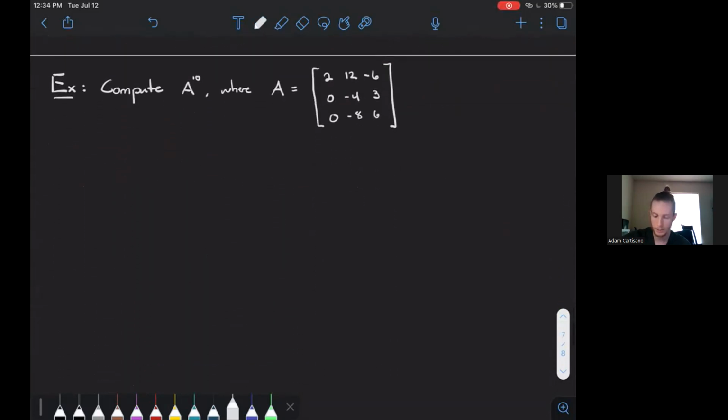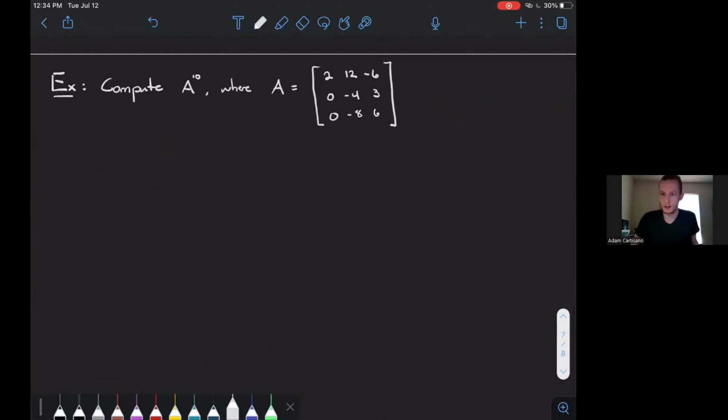Great. Okay, so we have one last problem that we'll work through. This is a really gratifying example. We're just going to compute A to the 10th of some matrix. You have two options.